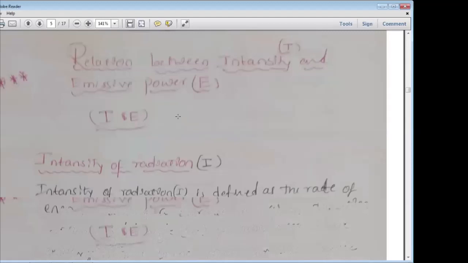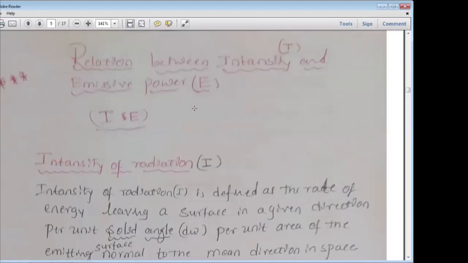Then we go to the relations between the intensity of radiations I and the emissive power E. What is the intensity of radiations?